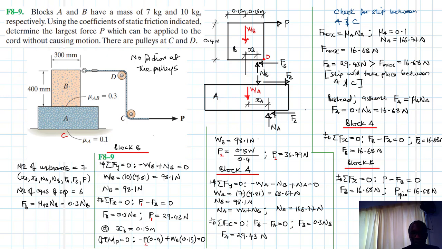It is by far bigger than this value. So we don't expect any slip between B and A. So this is the minimum value of P that we need so that no motion is caused, no slip and no tipping of B.